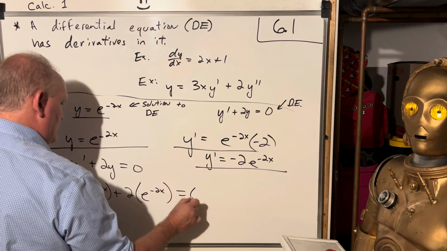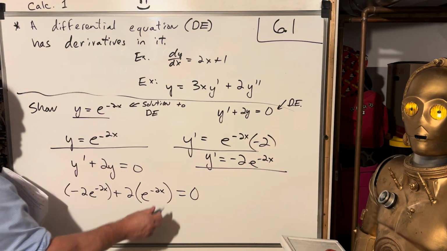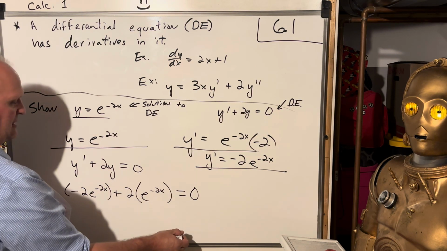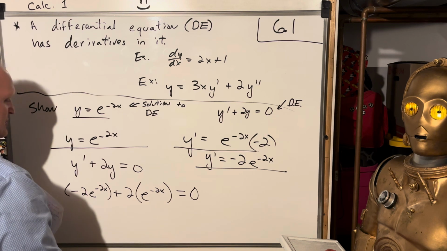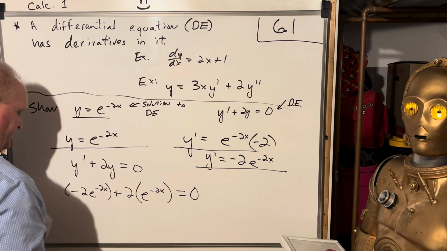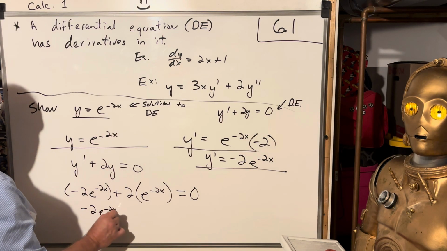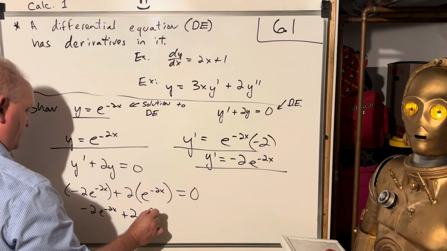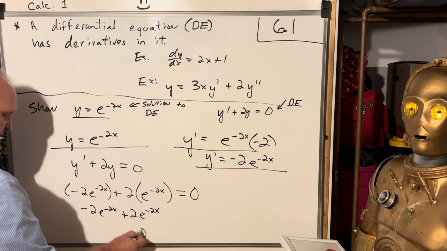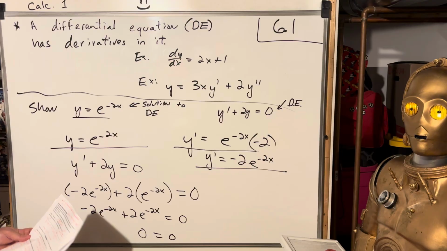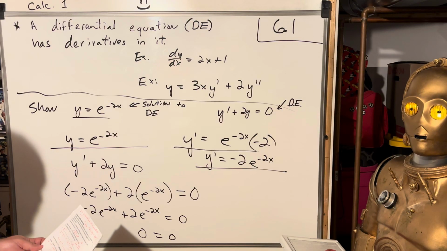Does that equal 0? Some people write a little question mark above the equals sign, but if it doesn't equal 0, at the end you just use a not-equals sign. Those are opposites, so that is 0. So 0 equals 0, and the answer is yes, it is a solution.